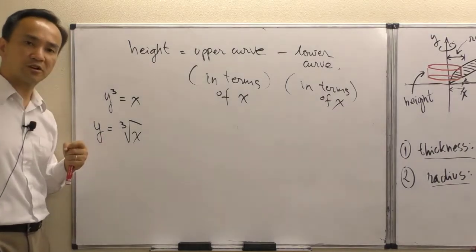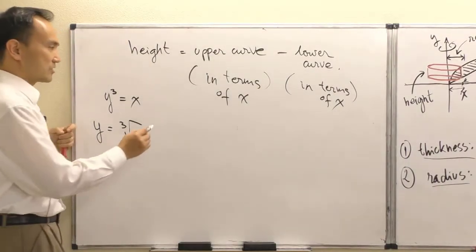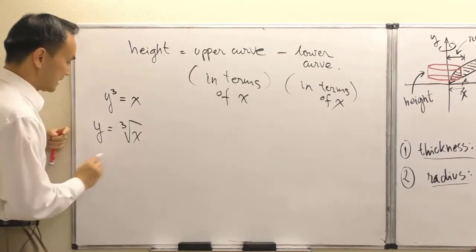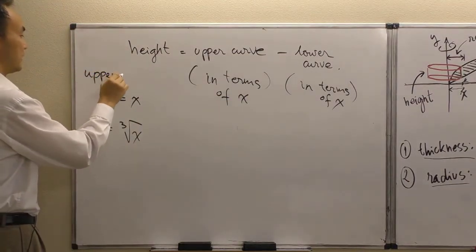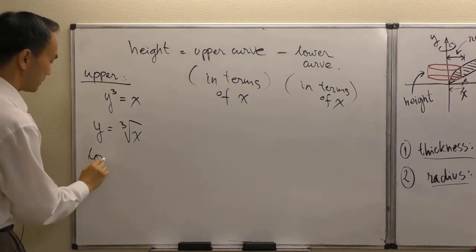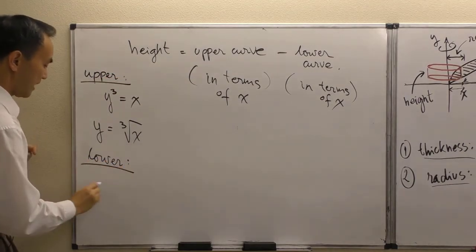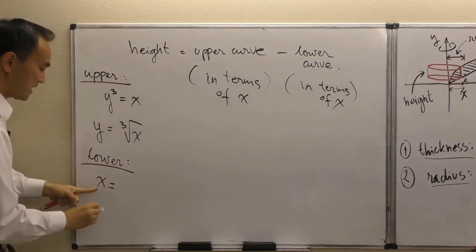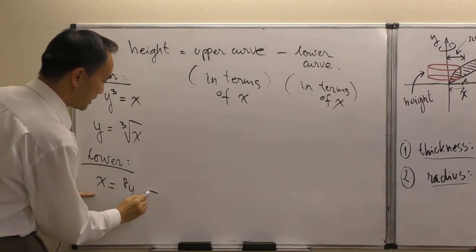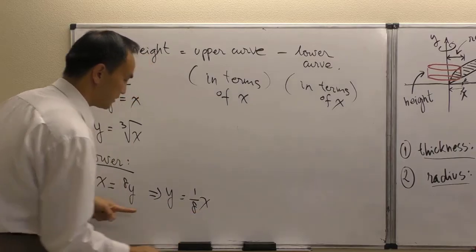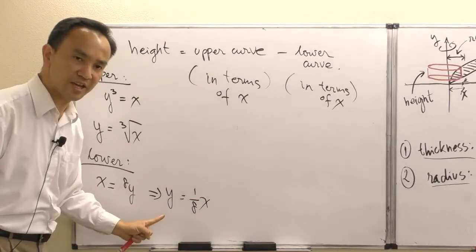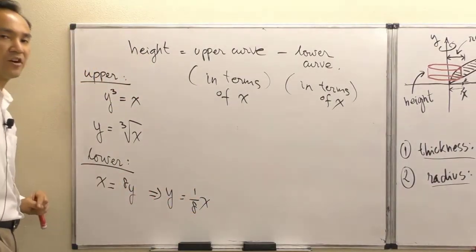That's one curve for us, the upper curve. Similarly, for the lower one, we started out with x equals 8y, but that means y equals 1/8 x. So now we have re-expressed the exact same curve as a function of x.